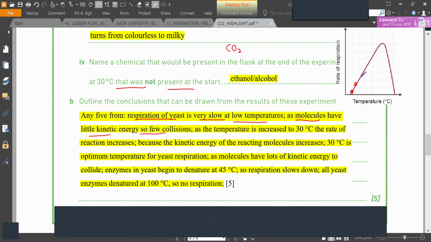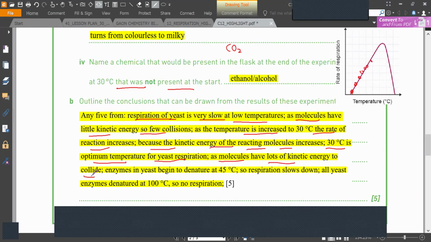As the temperature increases to 30 degrees, the rate of reaction increases because the kinetic energy of the reacting molecules increases. The molecules move faster, collide more often, so they react more. So 30 degrees is the optimum temperature for yeast respiration in this reaction, as molecules have lots of kinetic energy to collide.